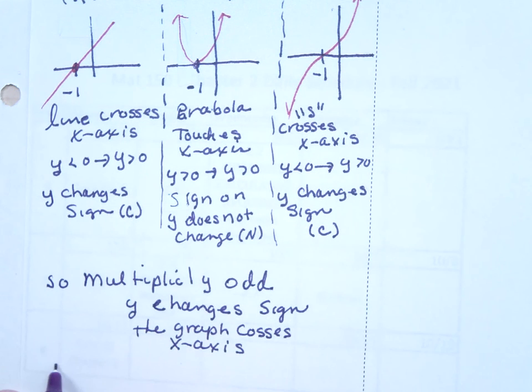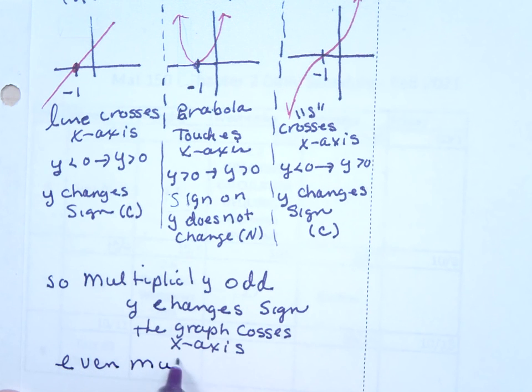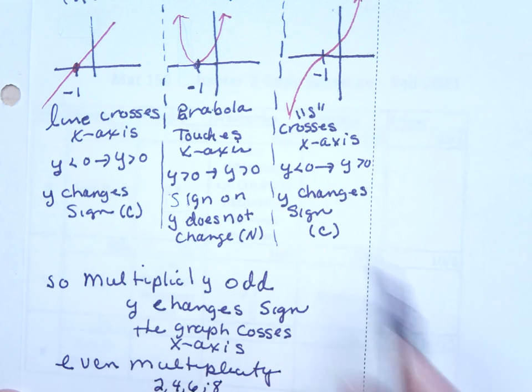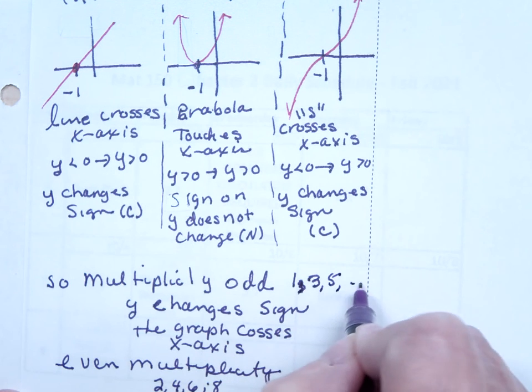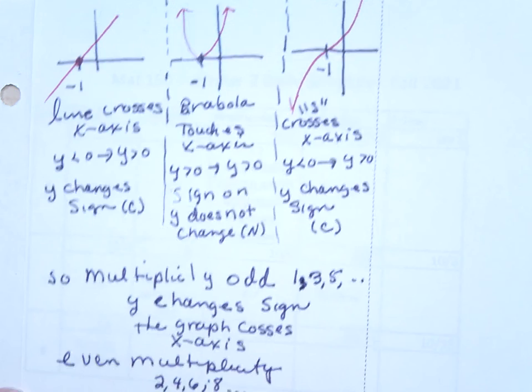Even multiplicities, which would be 2, 4, 6, 8, and so on. By the way, odd would be 1, 3, 5, etc. That's odd multiplicity.